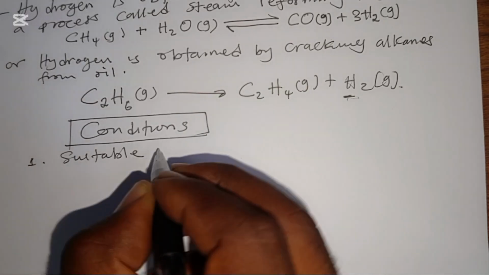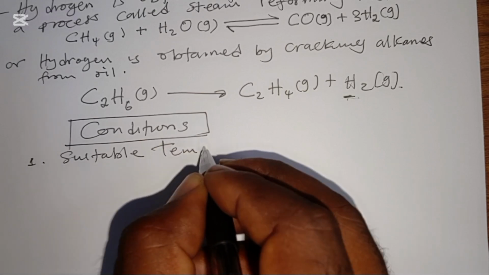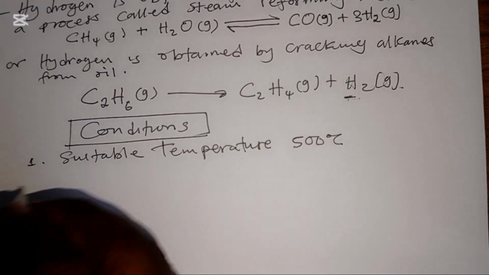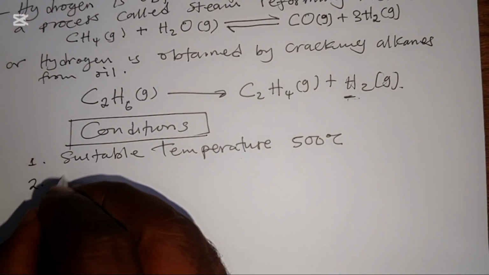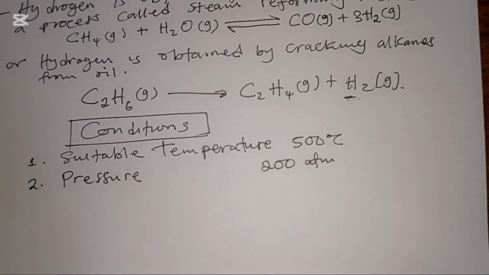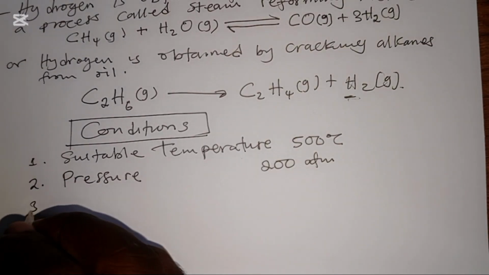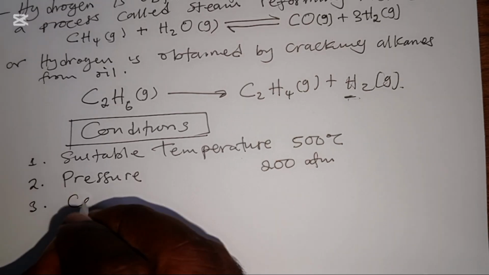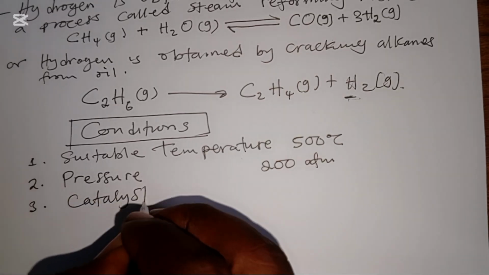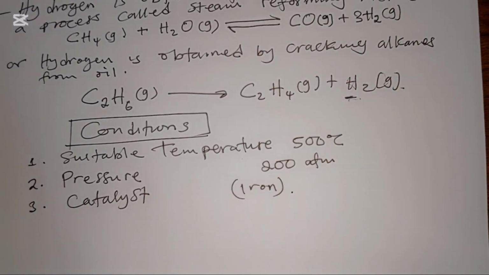Then number three, we need a catalyst. The catalyst used in the preparation of ammonia is iron metal. These are the three conditions needed in the preparation of ammonia.